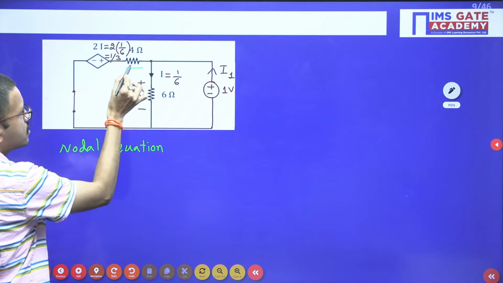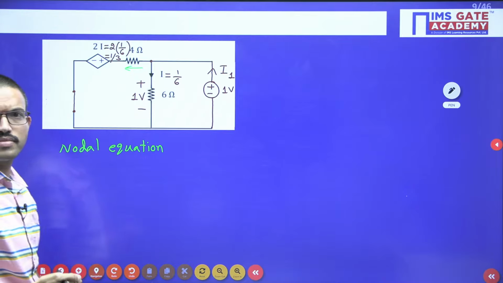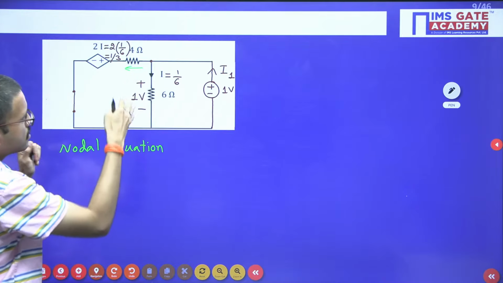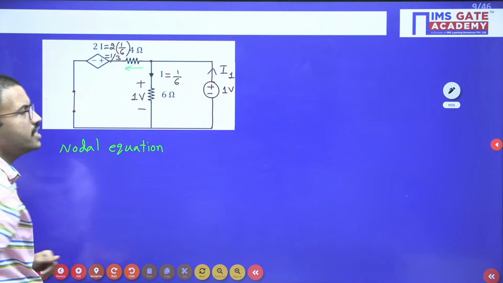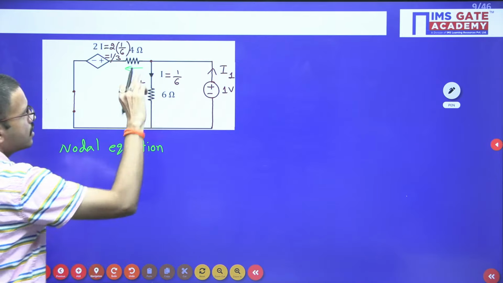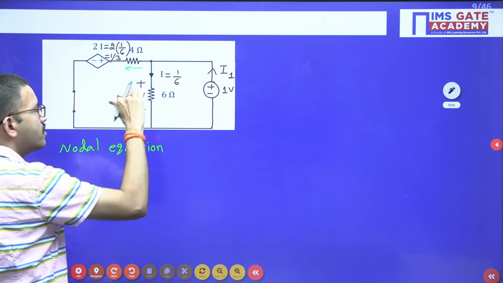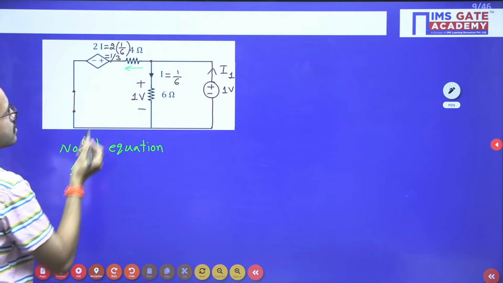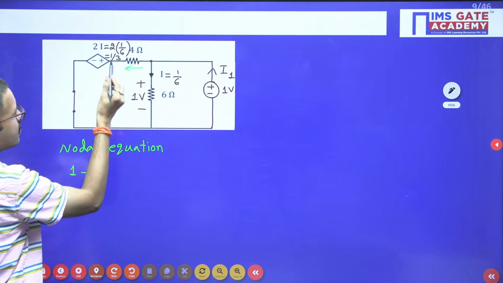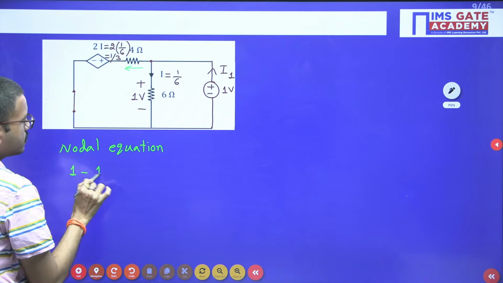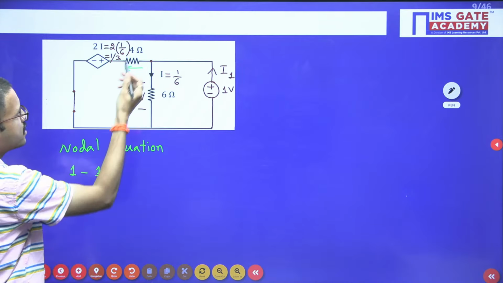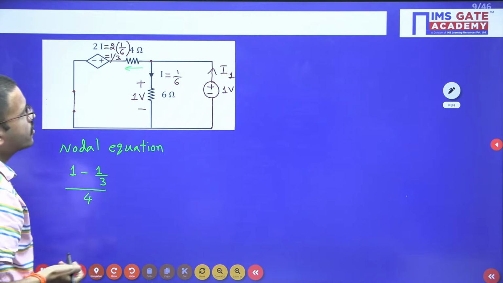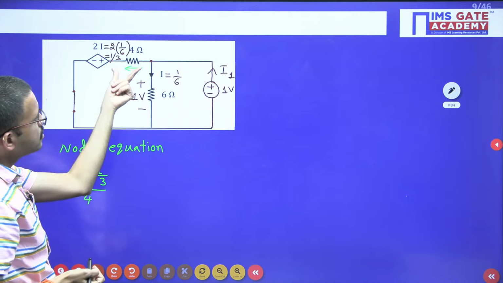In this branch, you can assume that current is leaving. Whenever you don't know whether current is entering or leaving, you can assume that current is leaving. So here, node voltage with respect to ground, you have 1 volt minus 1 by 3 volt, divided by the 4 ohm resistor.